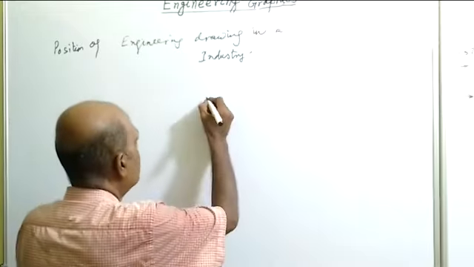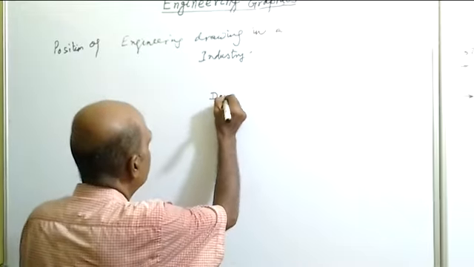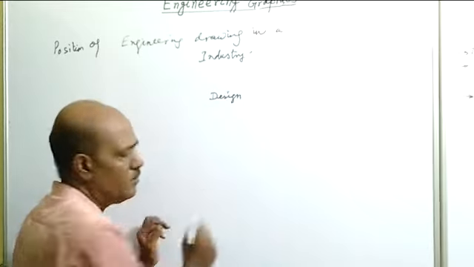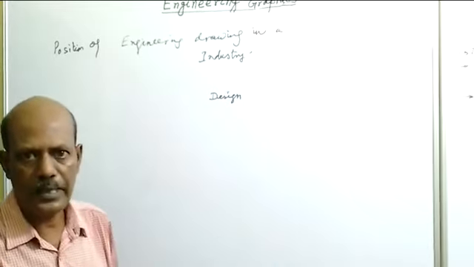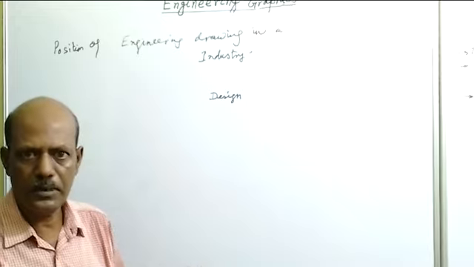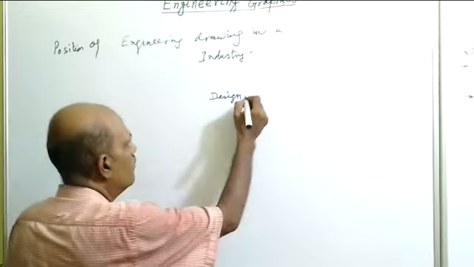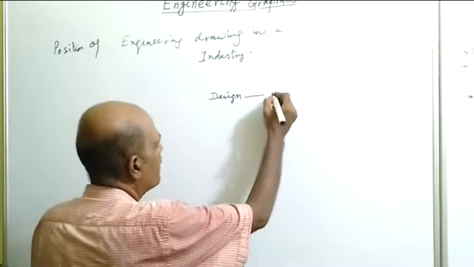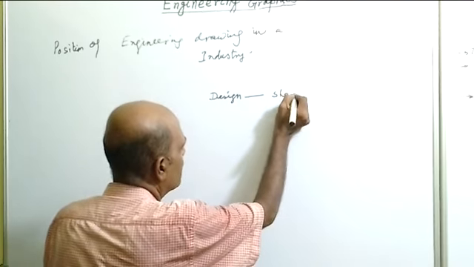So the first design of the component is made. Design means what should be the shape and size of the object, made by the designer. The shape and size of the product is first described.